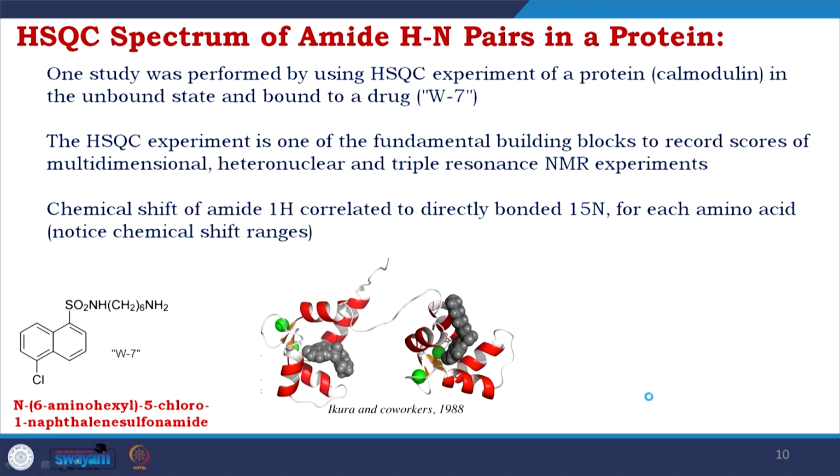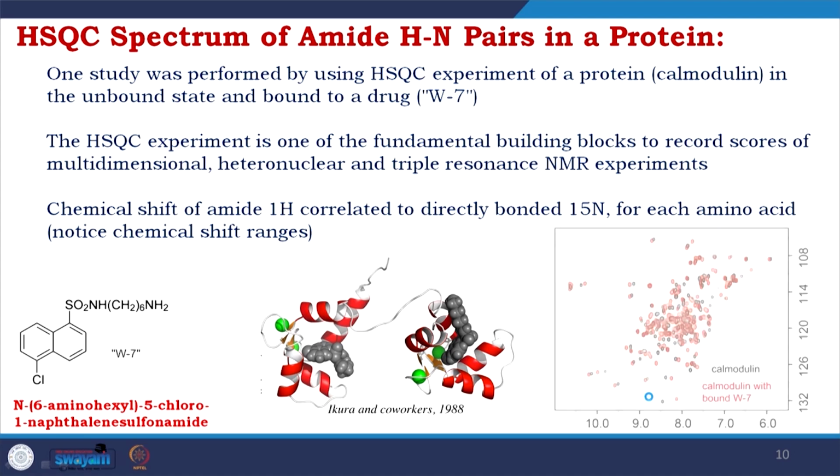The work is done by Ikura and co-workers, and the black spots in the spectra actually show the unbound calmodulin, whereas when this drug W7 is bound, there is a shift which is shown by the red spots. You will see clear spots and this will help you to characterize the shifting of the amino acids.